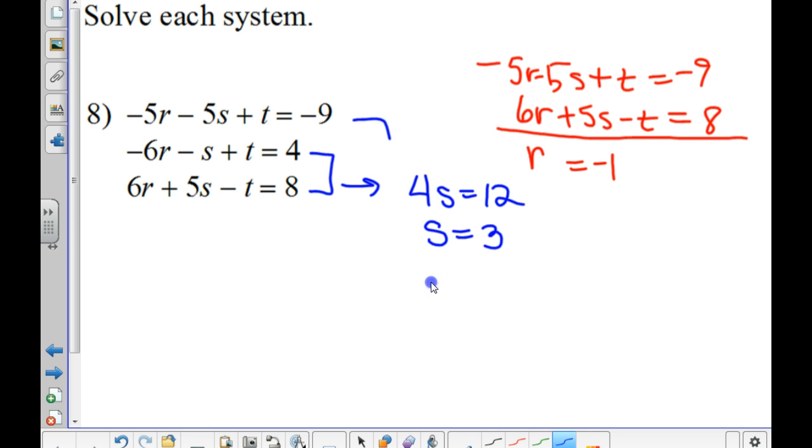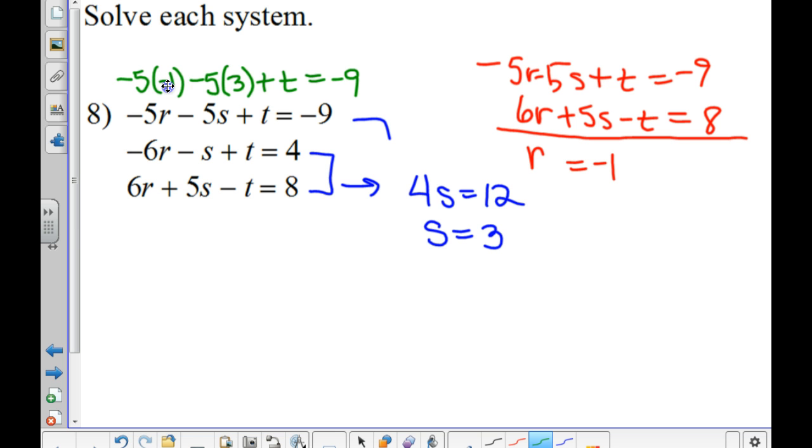Is this the easiest one ever? Yes. It's not going to happen that way very often, but there are a couple on the homework that are easy to solve. We still need to figure out what T is. It doesn't matter which equation we use. If I picked the first one and did -5 times -1 minus 5 times 3 plus T equals -9.